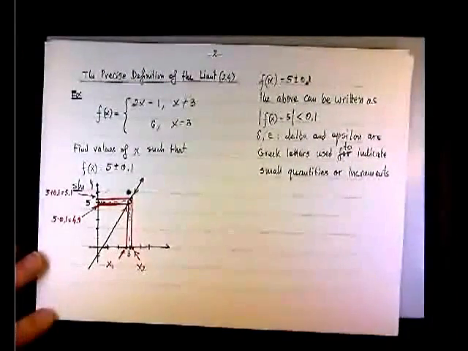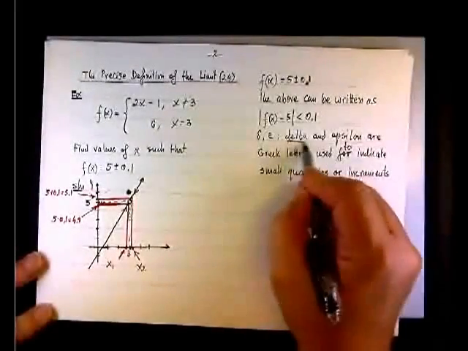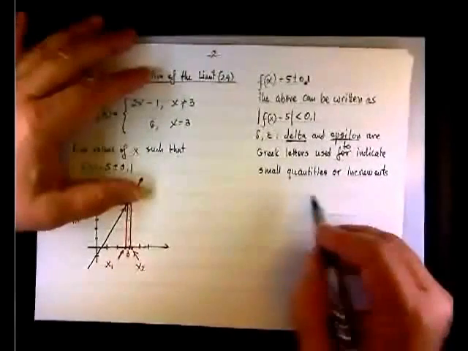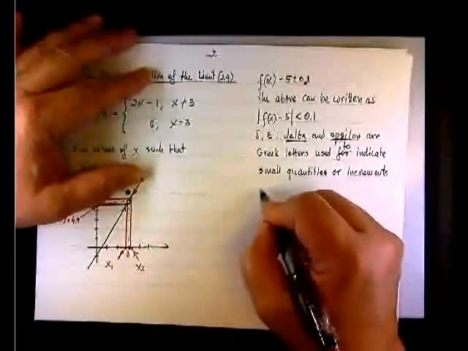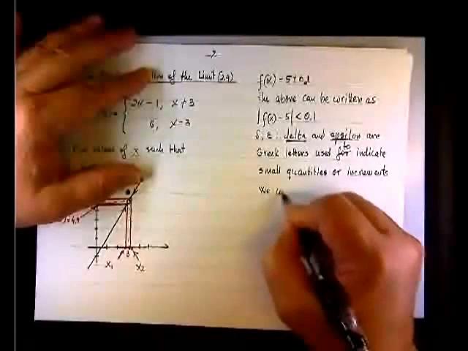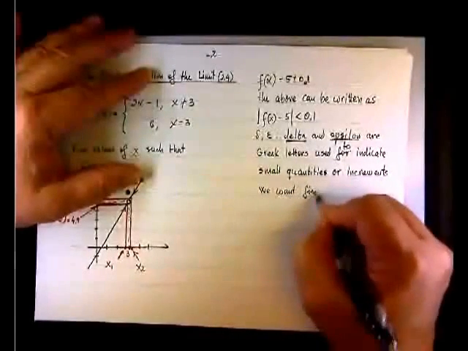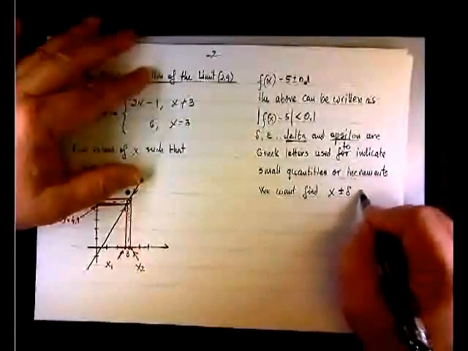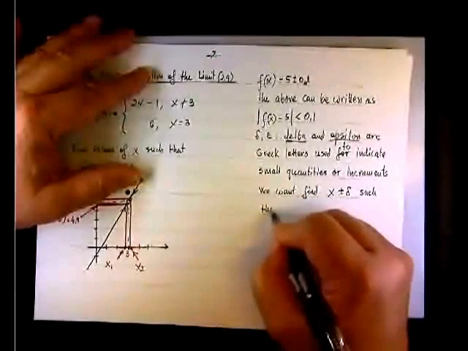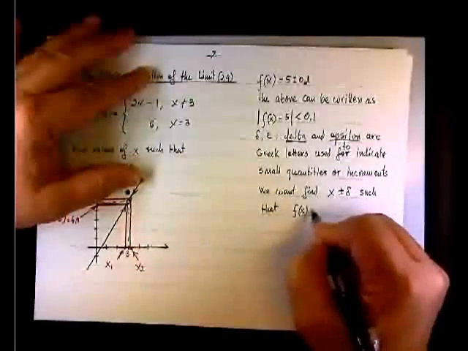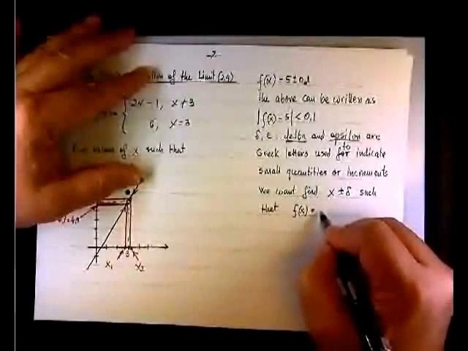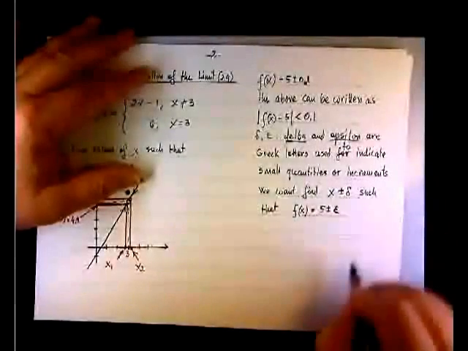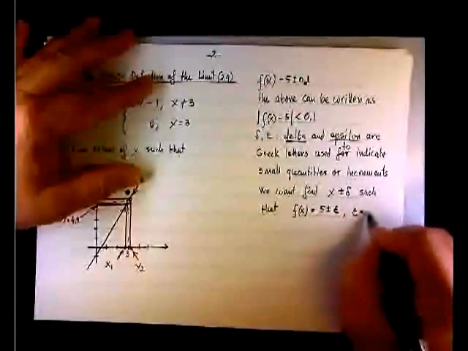Okay, so delta and epsilon, and we're going to say that we want to find x that is plus or minus delta such that f of x equals 5 plus or minus epsilon. Okay? And in this case, epsilon equals 0.1.